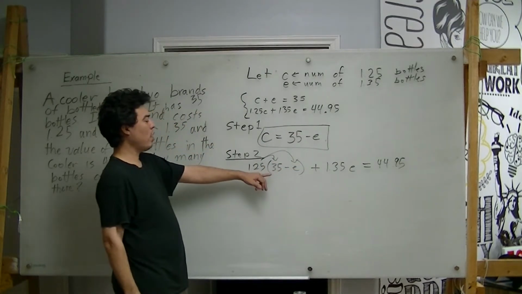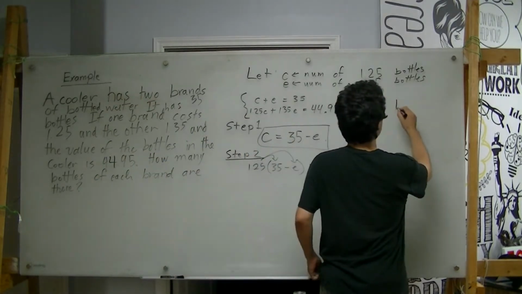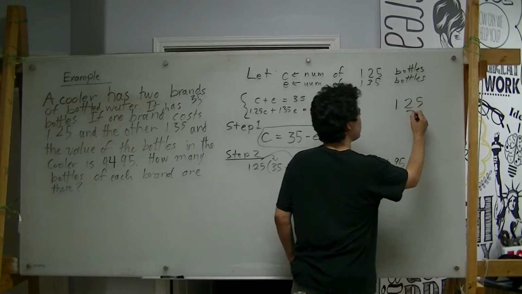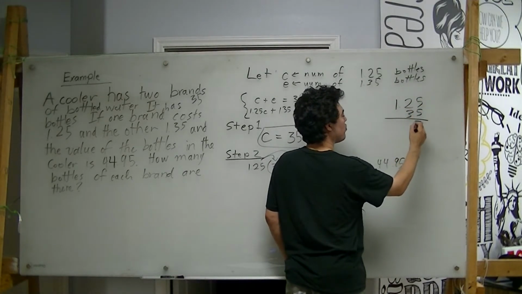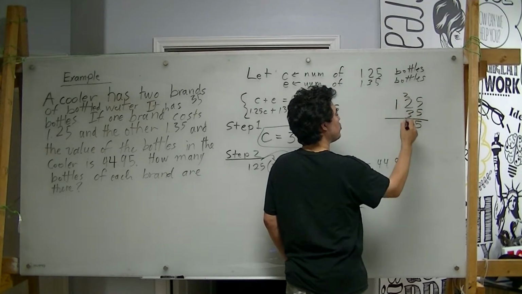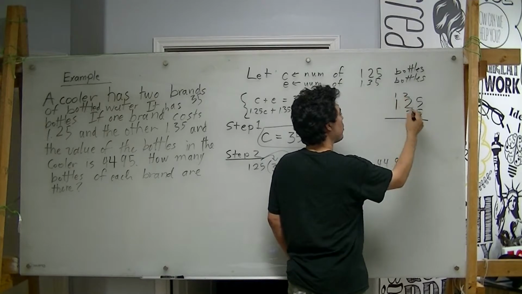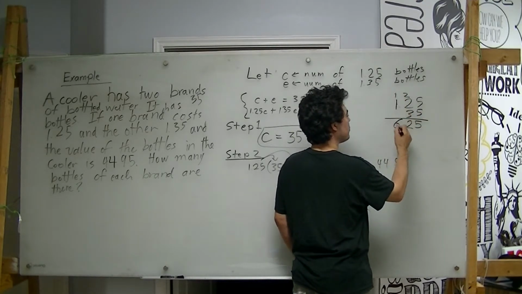So here, 1.25 times 35. 5 times 5 is 25, so we bring down the 5 and we carry the 2. 5 times 2 is 10, plus 2 is 12, so we bring down the 2 and we carry the 1. 5 times 1 is 5, add 1, it's 6.